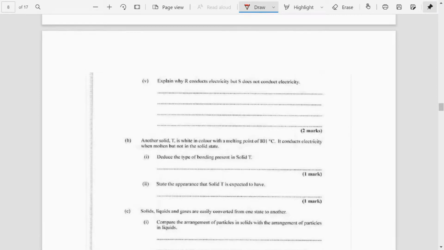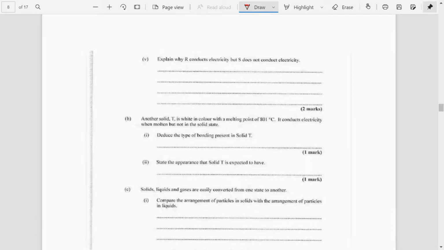Then the next question says, explain why R conducts electricity, but S does not. So in graphite, each carbon atom can accommodate up to 4 bonds.